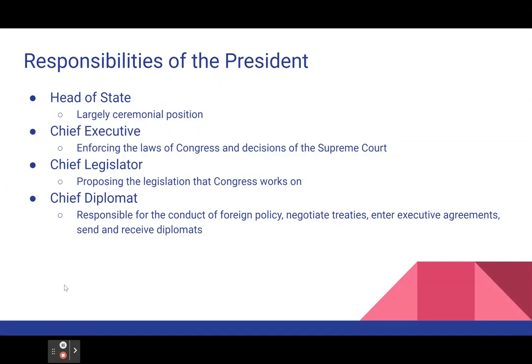So, for example, Harry Truman officially recognized the nation of Israel in 1948. Jimmy Carter officially recognized China in 1978. Bill Clinton officially recognized Vietnam in 1995. To this day, the United States does not have diplomatic relations with Iran.